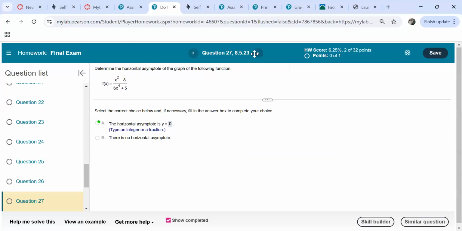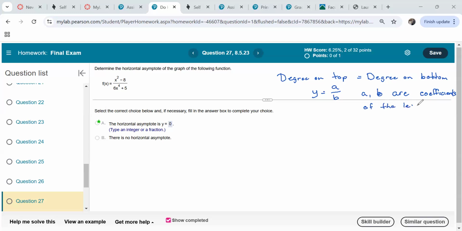So horizontal asymptotes. So our rules for horizontal asymptotes were, if the degree on top equals degree on bottom, then we are going to have a horizontal asymptote at y equals a over b, where a and b are the coefficients of the leading terms.